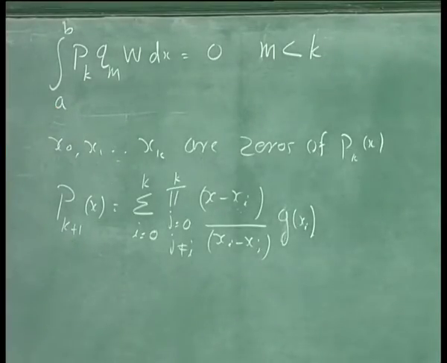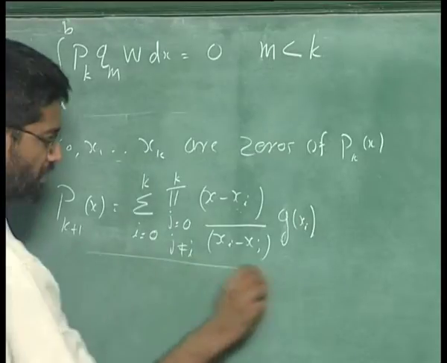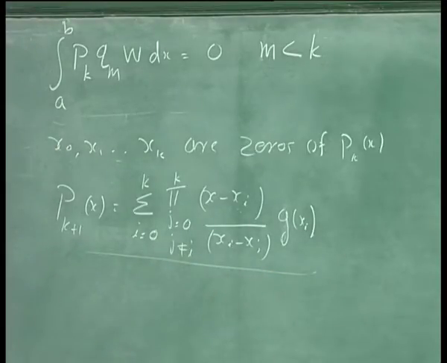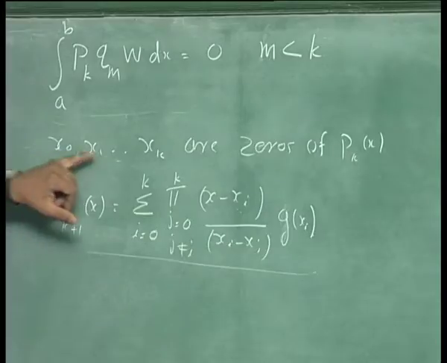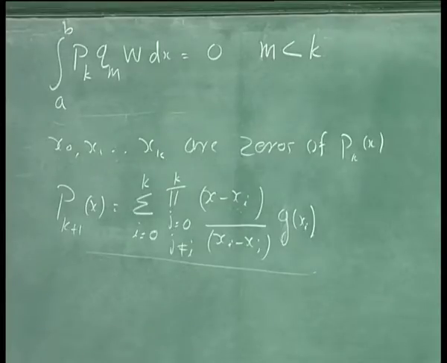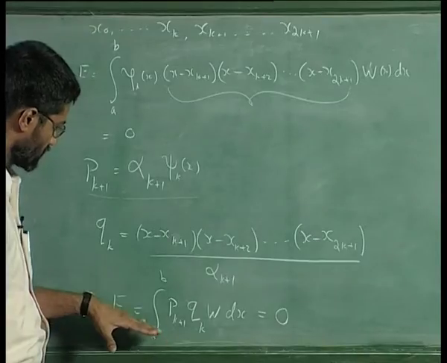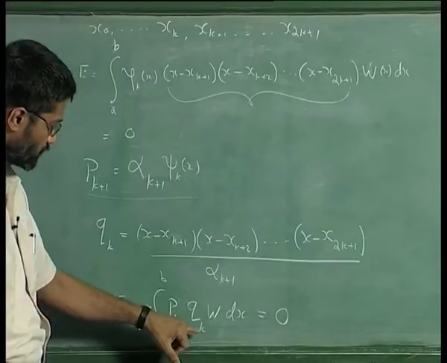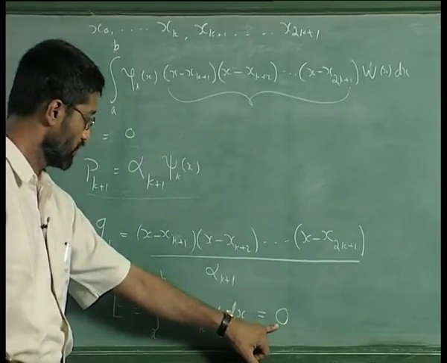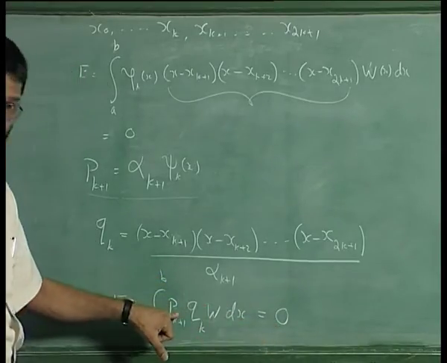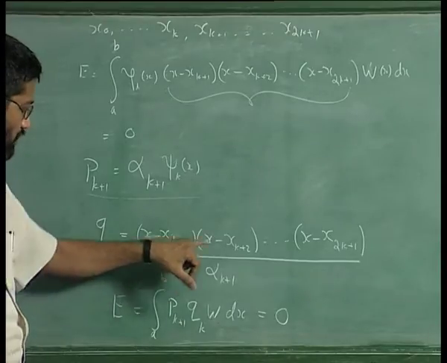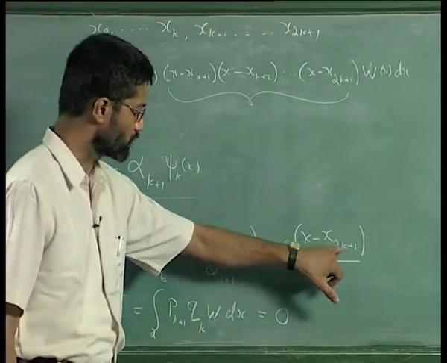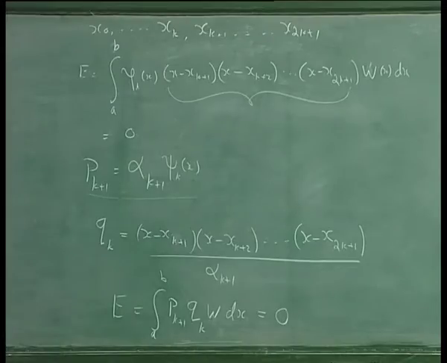Once we have that polynomial constructed that way, that is, we have tabulated x0 up to xk as the zeros of this polynomial, then we have this quantity, that is, the integral of pk plus 1 qk w of x dx equal to 0, for arbitrary values of k plus 1, k plus 2 up to 2k plus 1. So, I hope this is clear that there are 2 points.